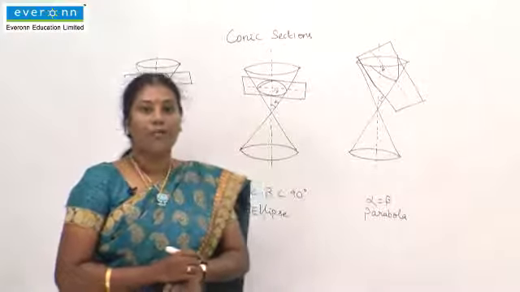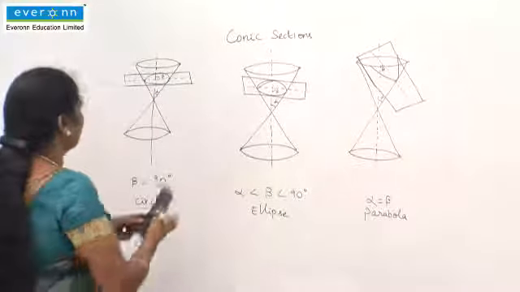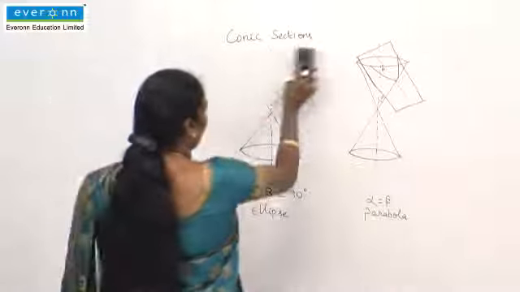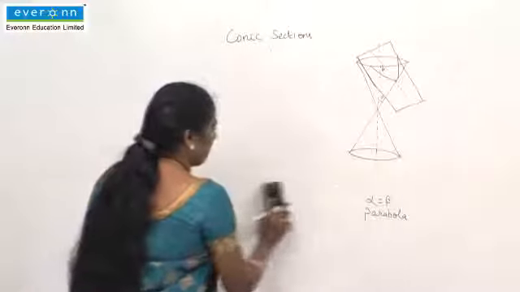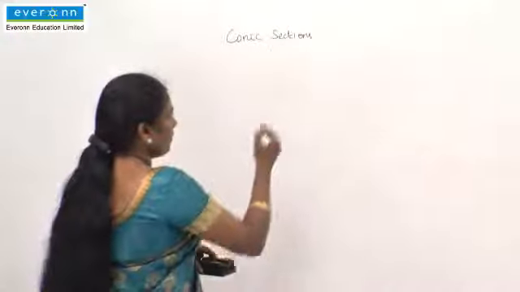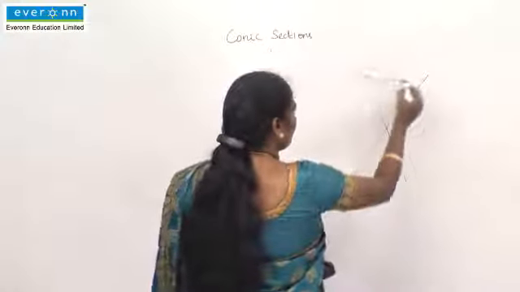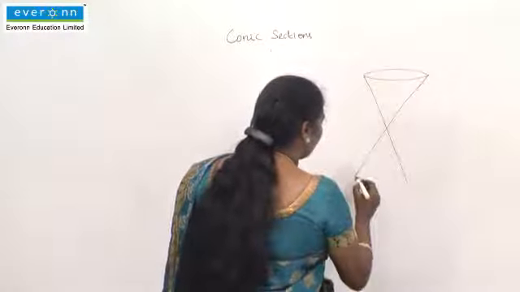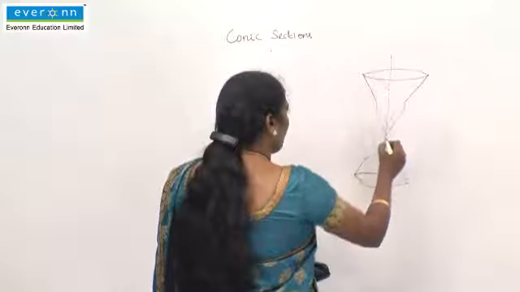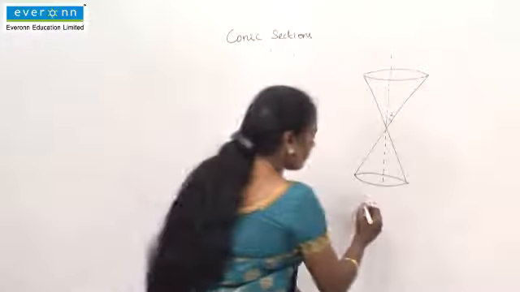The last one, if beta lies between 0 and alpha. We are going to consider a double naped cone. Alpha is the angle between the axis and the generator.